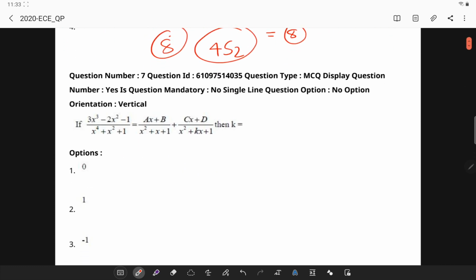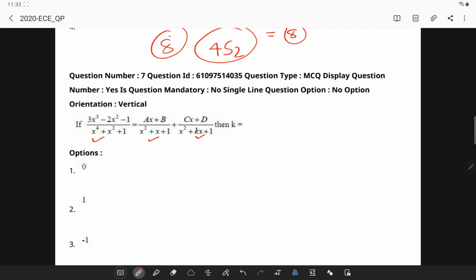So similarly, this question is also related to partial fractions, where you have to multiply both sides. First of all, there is a concept of rationalization here.